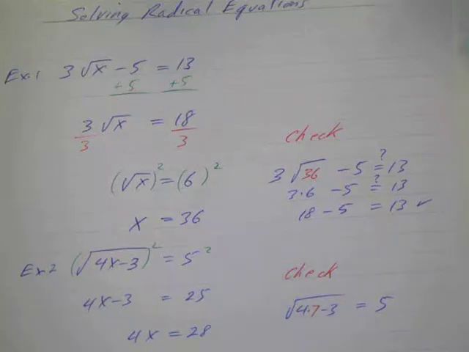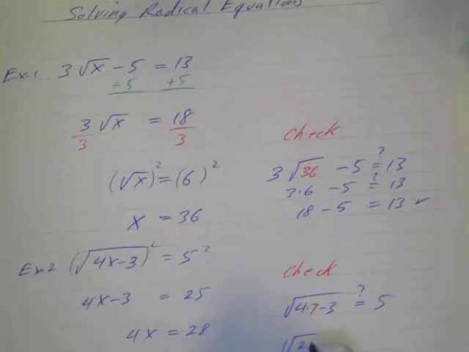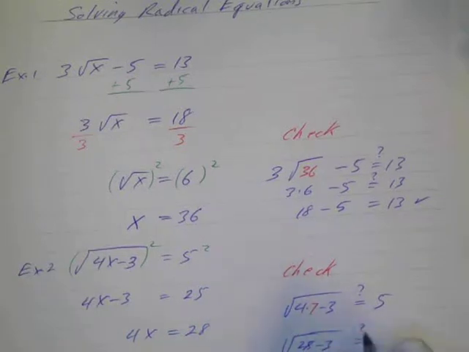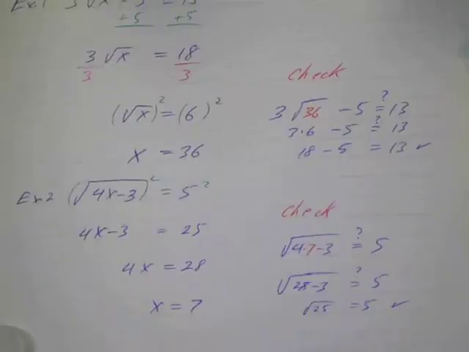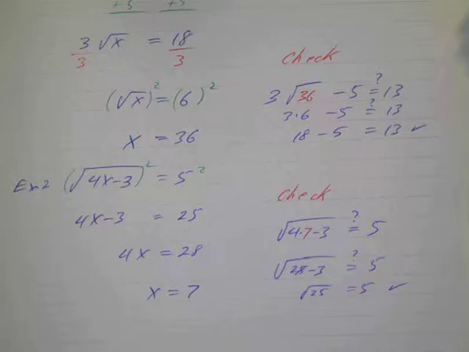And then what's 4 times 7? 28. So that's the square root of 28 minus 3. Does that equal 5? We don't know yet. But what's 28 minus 3? 25. And the square root of 25 does equal 5. So that checks. That makes sense.